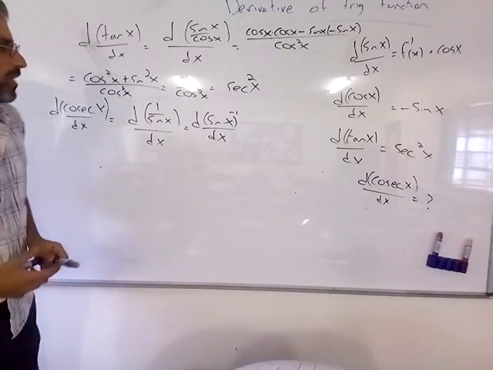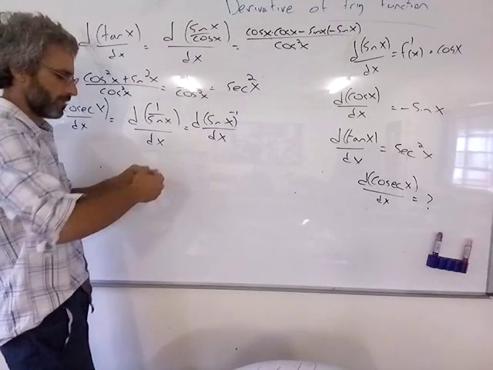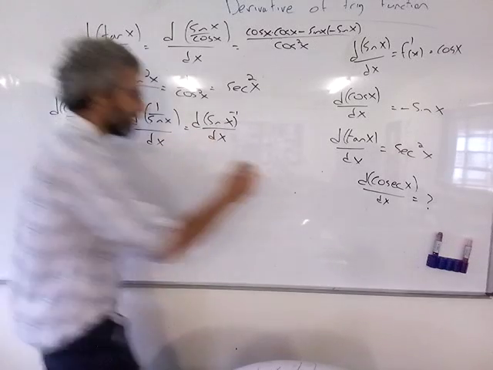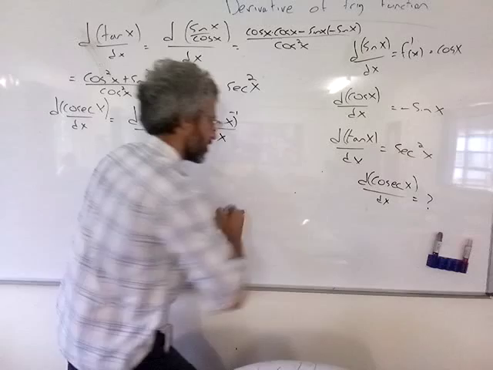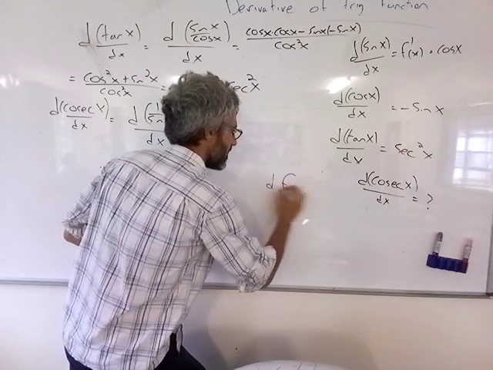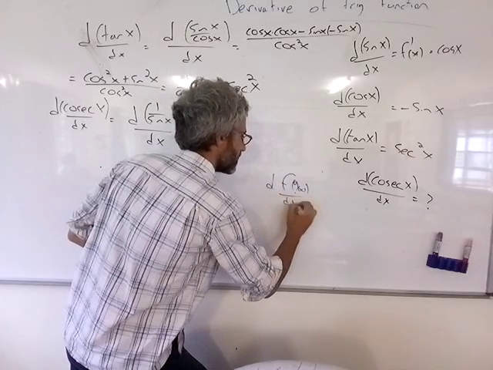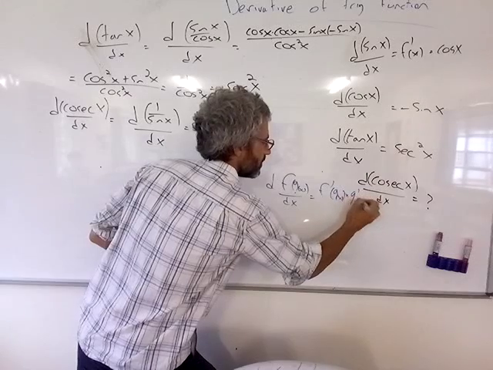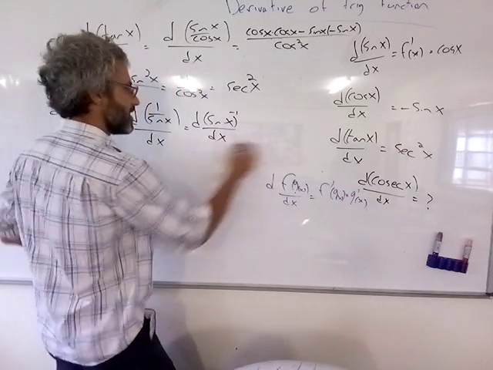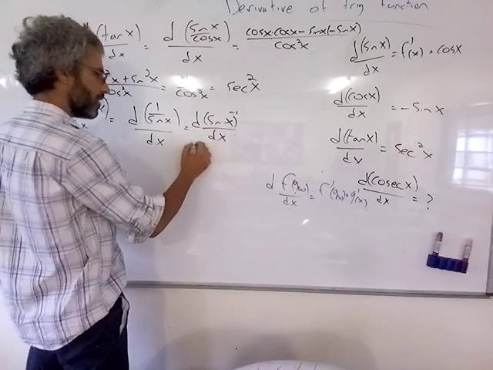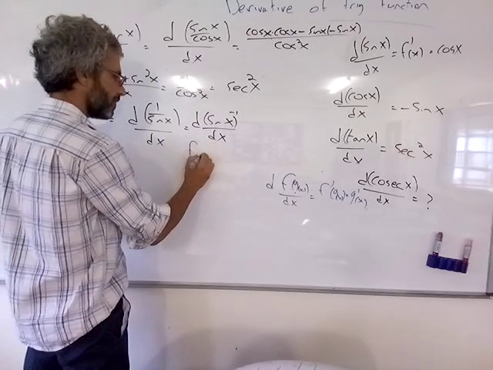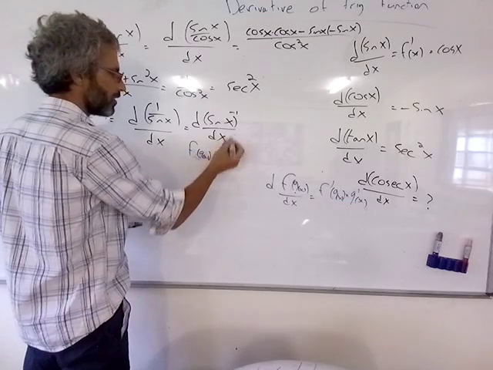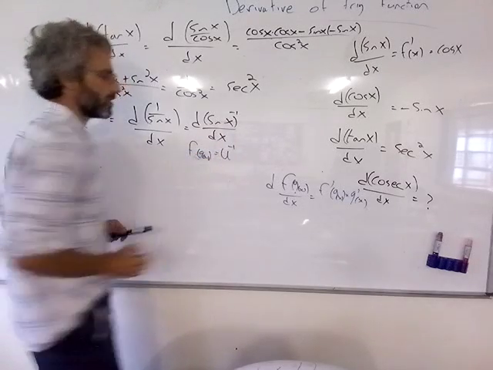What is the outer function in this case? Power minus 1. So I'll write again the chain rule. The chain rule will tell you that the derivative of f of g of x with respect to x is f prime of g of x times g prime of x. In this case, the outer function, f of u, is u to the power minus 1.